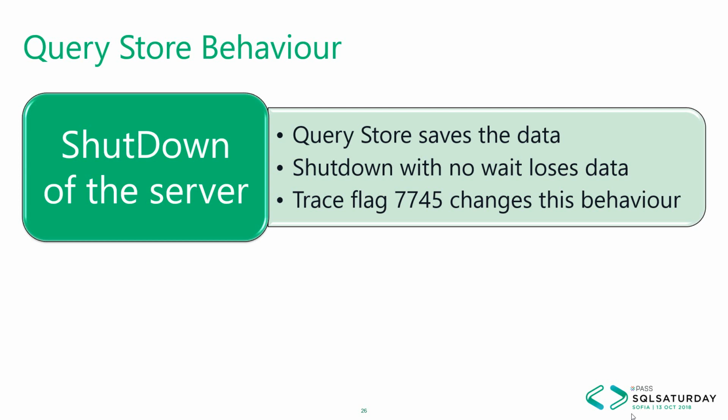Since query store will save the data when the shutdown is requested, this may take some time. If you need to shut down the server without this delay, you can enable trace flag 7745. This changes the default behavior, and query store will not save the data when the server is shut down. It will lose the data.